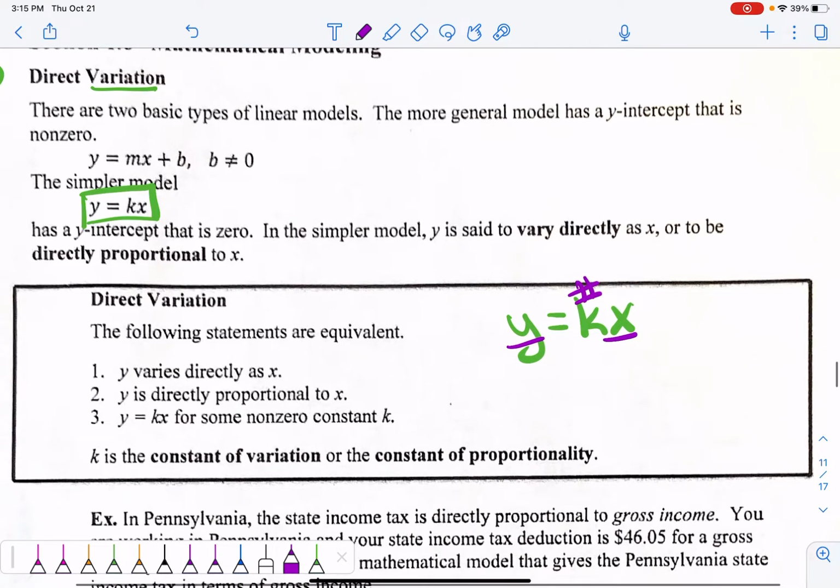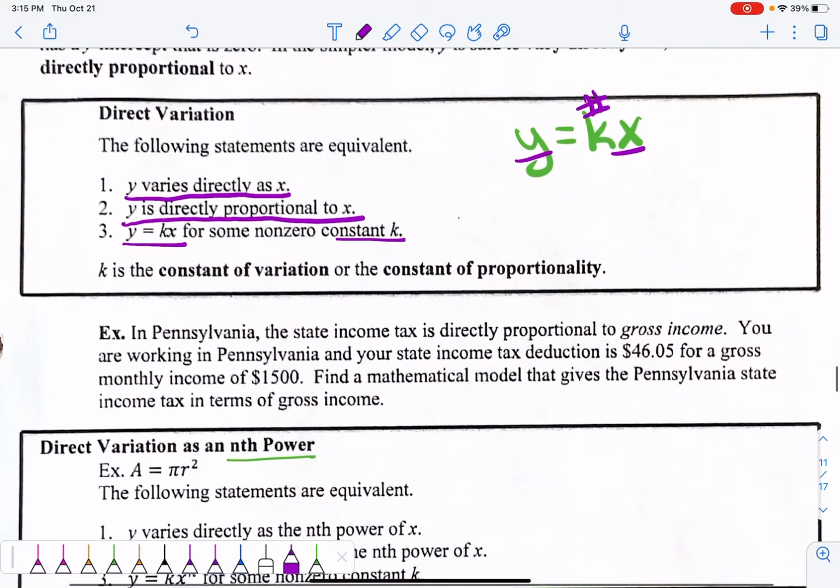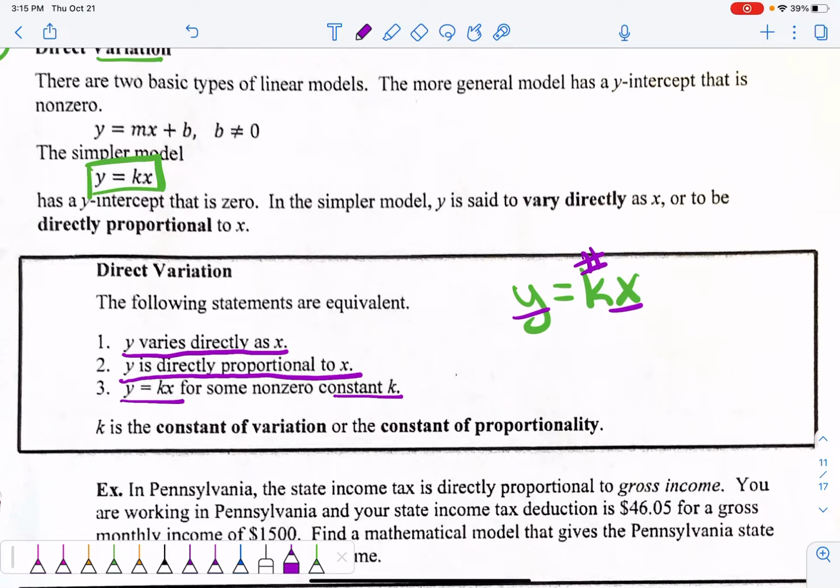And the verbiage that they will use when they're talking about this is they will say y varies directly as x, or y is directly proportional to x, or y equals kx for some non-zero constant k. All of those things mean that you're starting with something that looks like y equals kx. Now, when you do the homework assignment, and even down below here in this example, they might not use y and x.